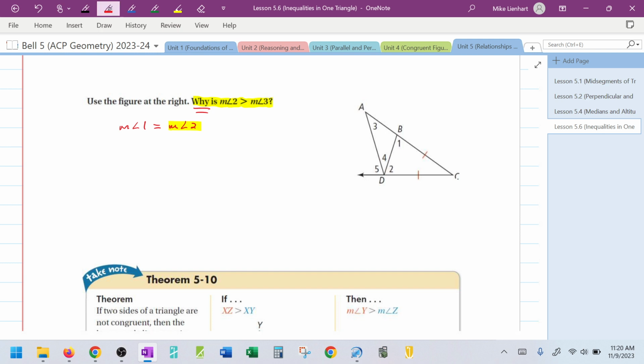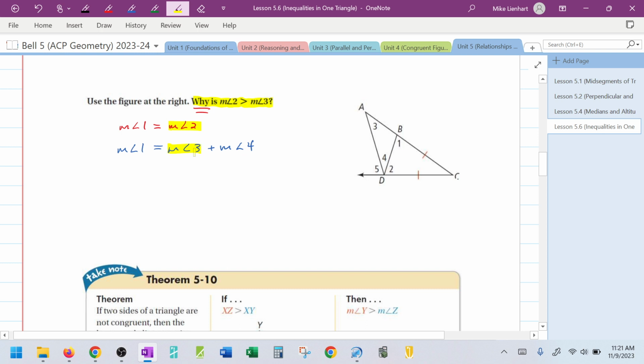I also know angle 1 is an exterior angle of triangle ABD. So I know that the measure of angle 1 is equal to the measure of angle 3 plus the measure of angle 4.